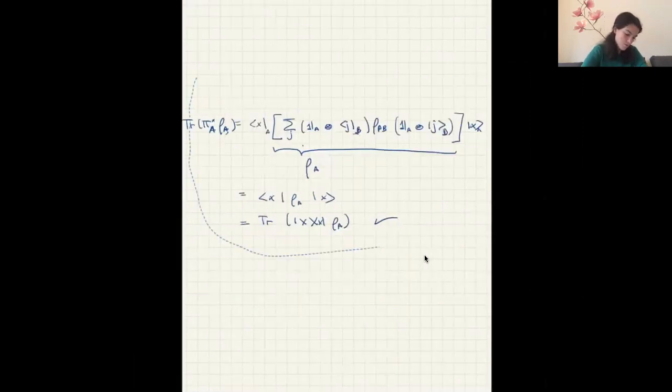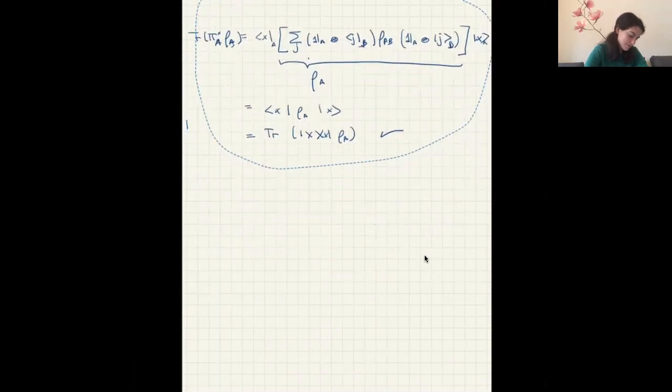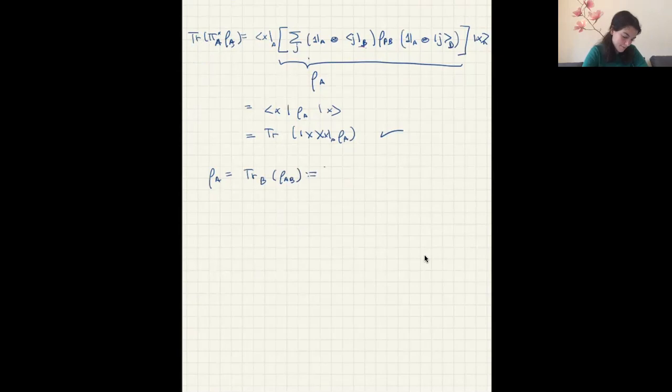So what we did here was therefore to say that rho A, which is trace B over rho AB, we just define it like this, as a sum over J of identity on A times J B, rho AB, identity on A, tensor J on B, where these J's just need to be any orthonormal basis.